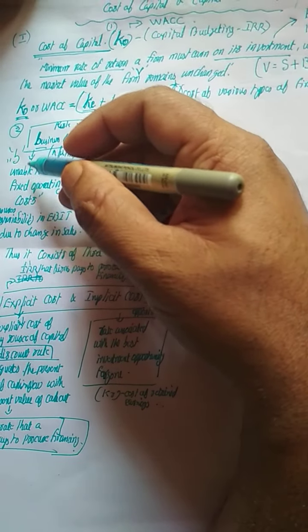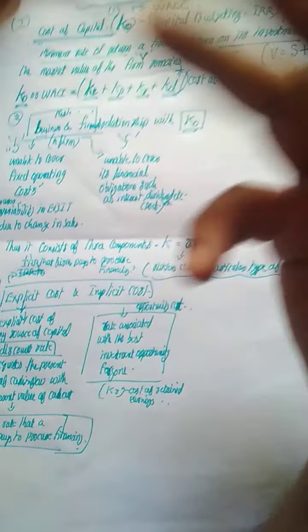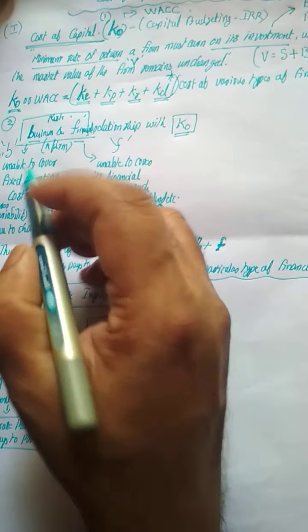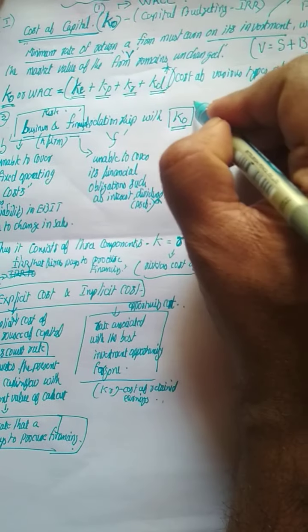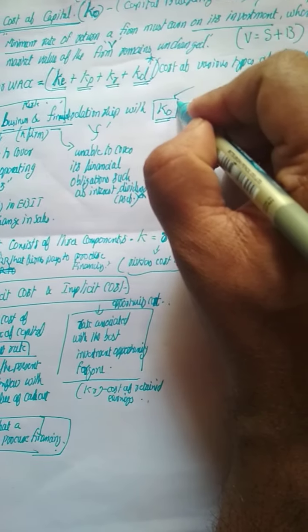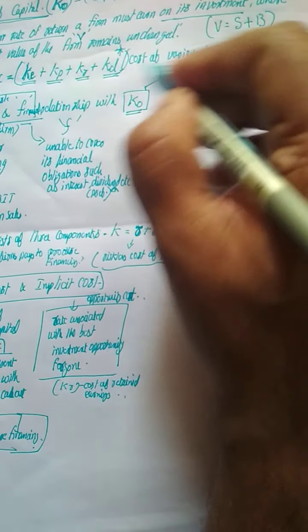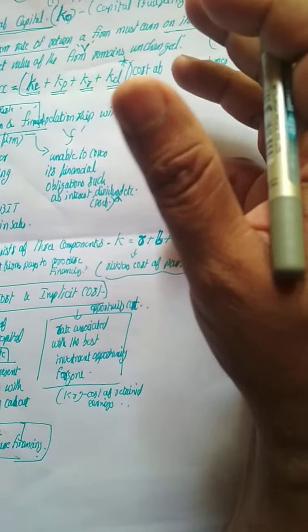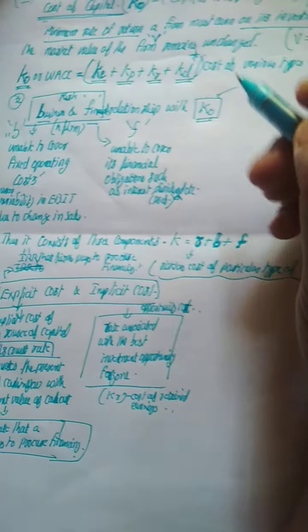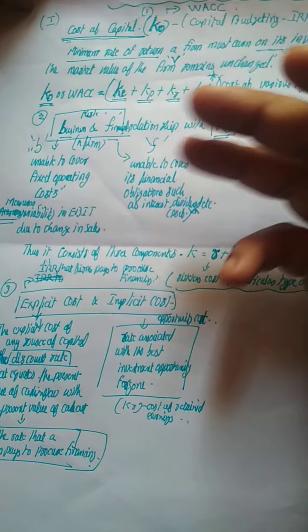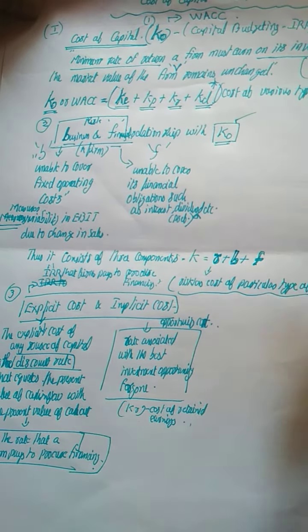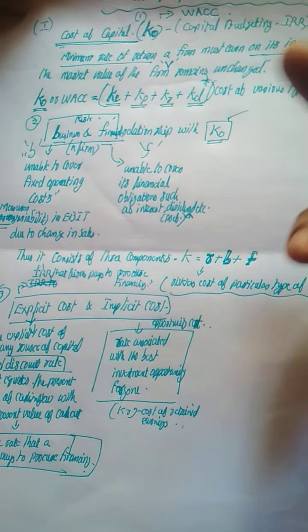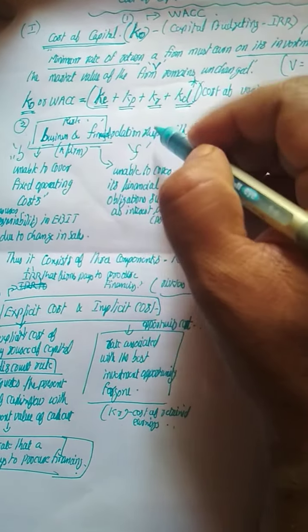So that is called business risk. If a company is unable to cover its fixed operating expenses, it has business risk. It may affect the return to the shareholders. Cost of capital has a high relationship with business risk. If business risk is high, then what happens? The cost of capital may come down. Equity shareholders may leave the organization because enough return is not there for the organization.